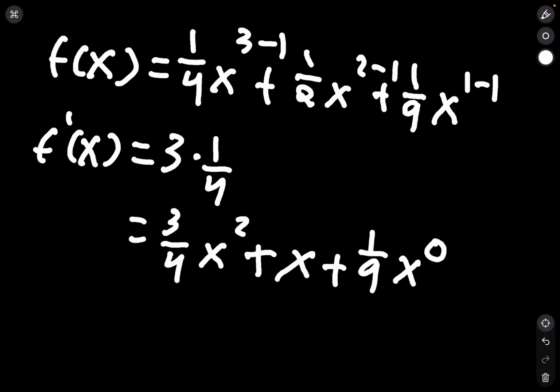So essentially, from our original function f of x, 1/4 x to the third plus 1/2 x squared plus 1/9 x, our derivative f prime of x is equal to 3/4 x squared plus x plus 1/9. And that would be our last derivative answer.